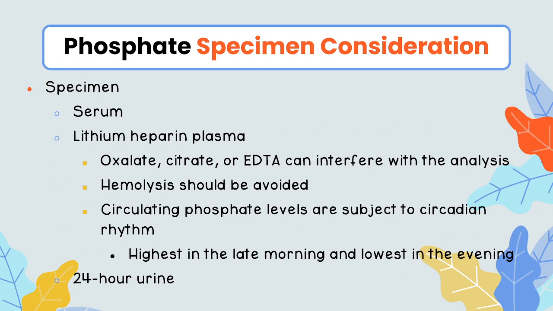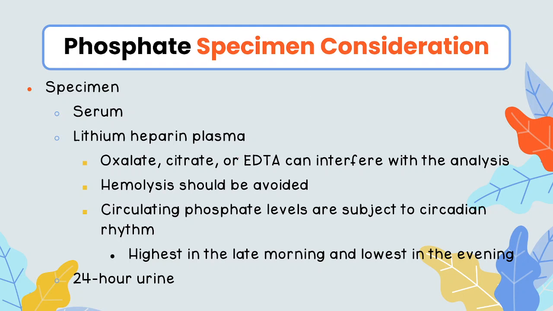Circulating phosphate levels are subject to circadian rhythm. When we say circadian rhythm, kids, these are physical, mental, behavioral changes that follow a 24-hour cycle, which is closely related to diurnal variation.